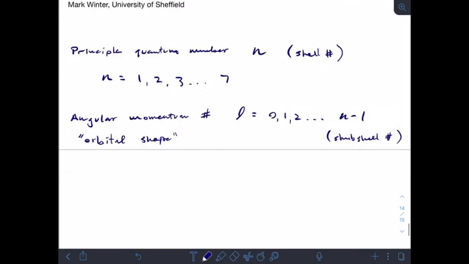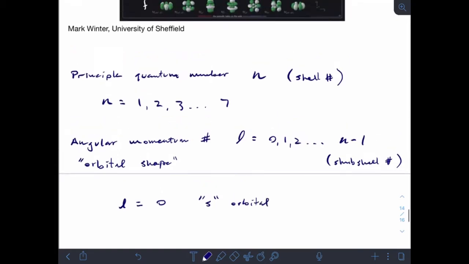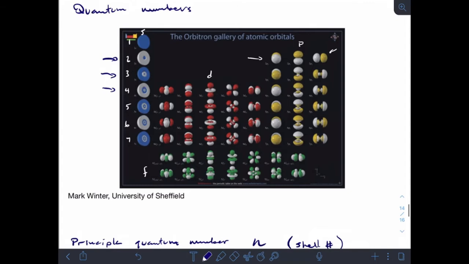The way that goes is for l equals 0, that's an s orbital. Going back to our diagram, if s has an l value of 0, I can have a 1,0, a 2,0, a 3,0, a 4,0, 5,0, 6,0, 7,0, because l of 0 describes an s orbital.